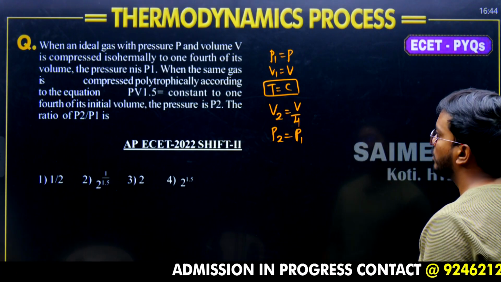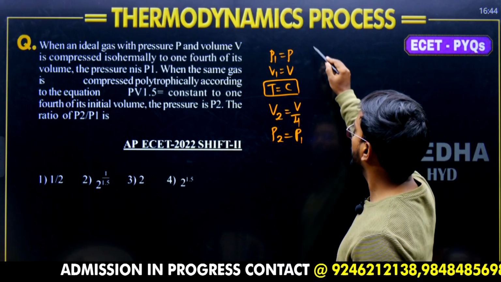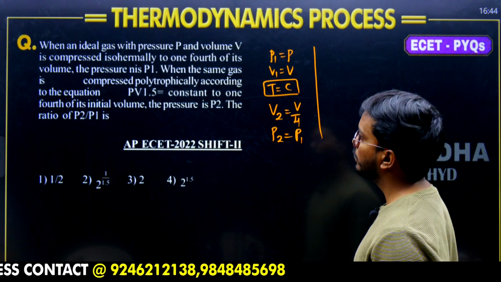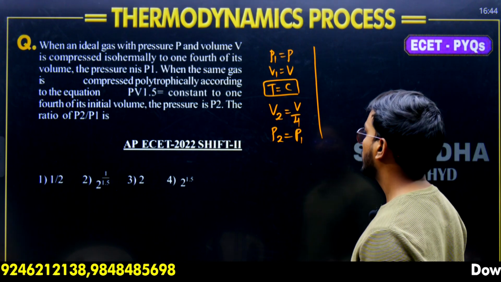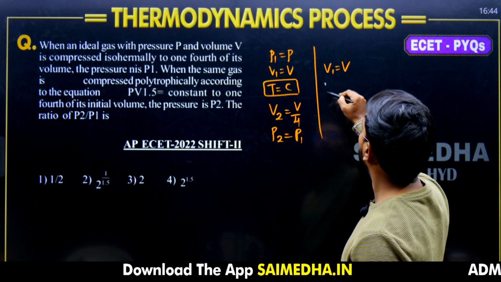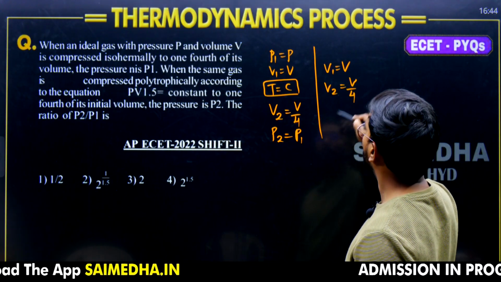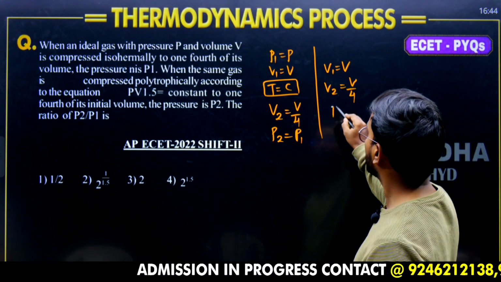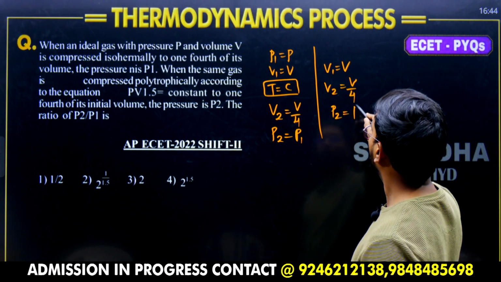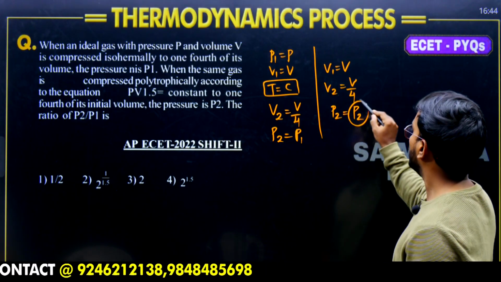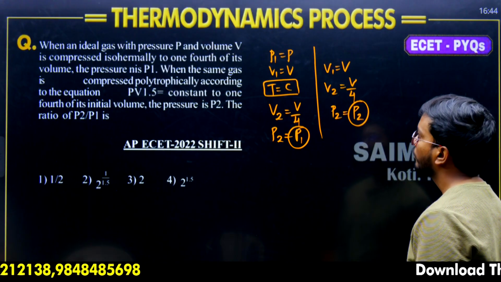When the same gas is compressed polytropically according to the equation PV to the power of 1.5 equals constant, to 1/4 of its initial volume, V1 is equal to V, V2 is equal to V divided by 4, and the final pressure is P2. The ratio of P2 by P1 is being asked.